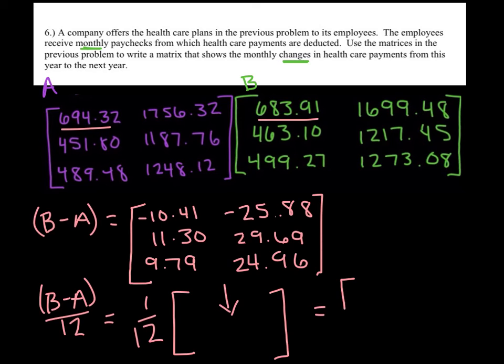So from month to month, what their monthly charges are going to be a difference of is negative 87 cents. So that would have gone down 94 cents. $9.79 divided by 12 is 82 cents. 25.88 divided by 12 is negative $2.16.